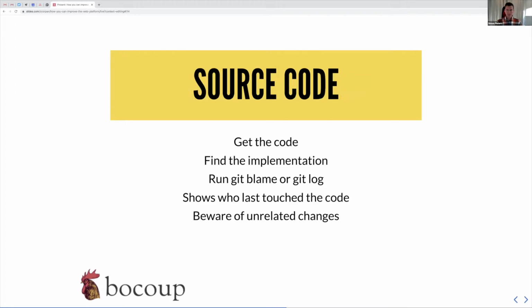There's a problem with this though, because there are often changes that are unrelated to the code at hand, because maybe there's a reformatting change or something. So you need to look at the commit and maybe go further back in history to see who actually implemented the change.